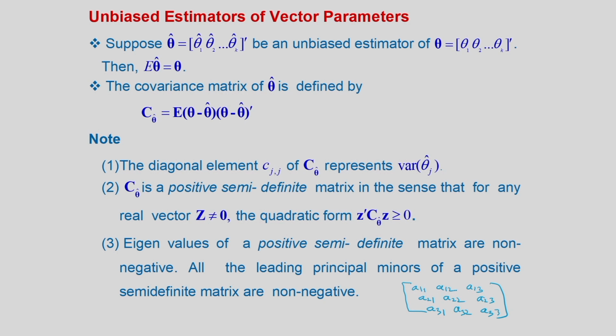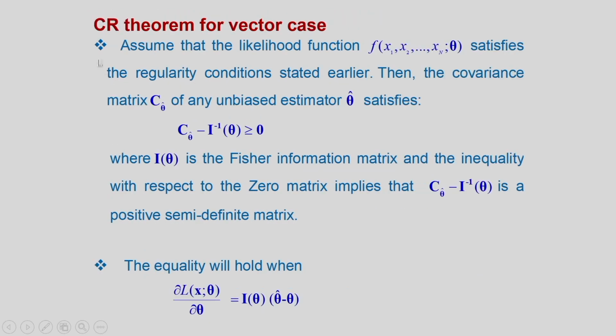The second minor will be the determinant of this, and this should also be greater than or equal to 0, and the third leading principal minor is the entire determinant, that should also be greater than or equal to 0. So, this is the test for positive semi-definiteness.